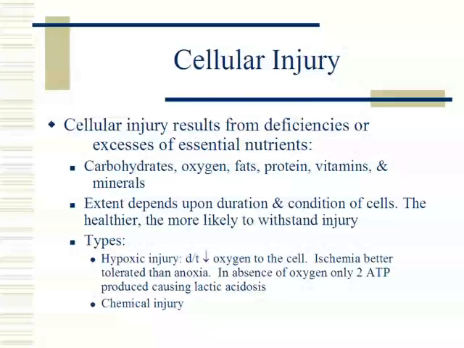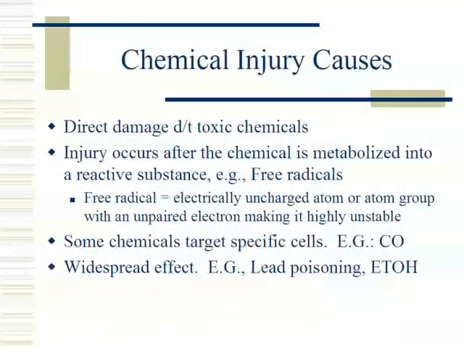Chemical injury can also cause some problems. Chemical injury can be due to direct damage, like from toxic chemicals such as lye, or caustic chemical or acid. The injury occurs after the chemical is metabolized into a reactive substance because it will form what are called free radicals.